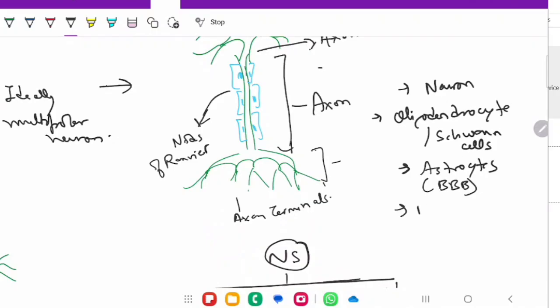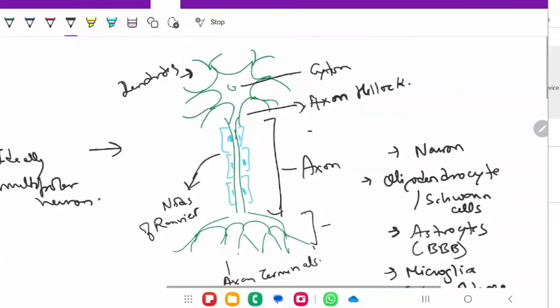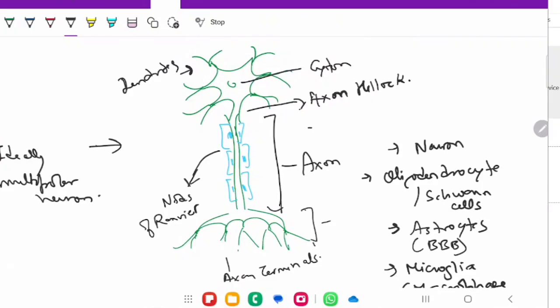Then we have microglia, which is nothing but macrophage from blood. So these are several cellular components of your nervous system.